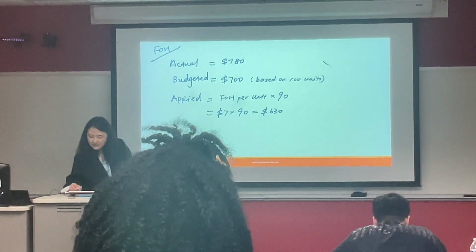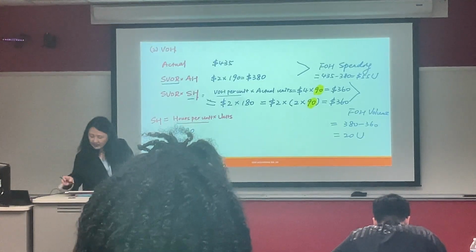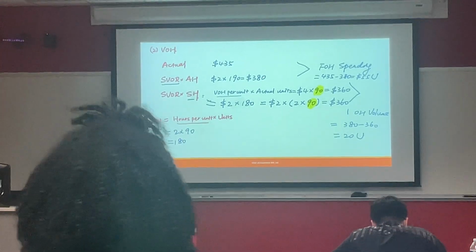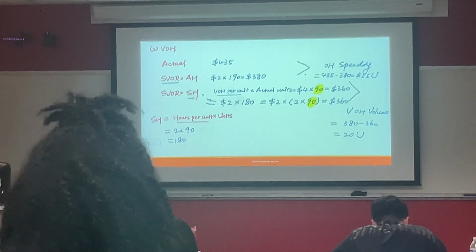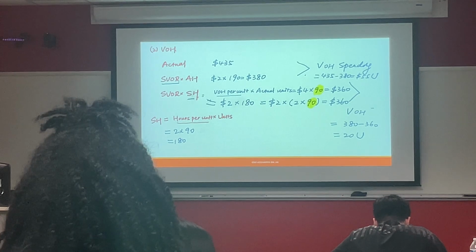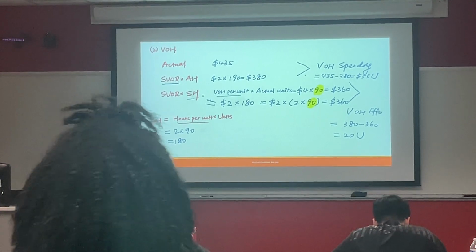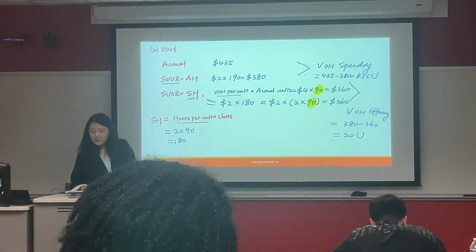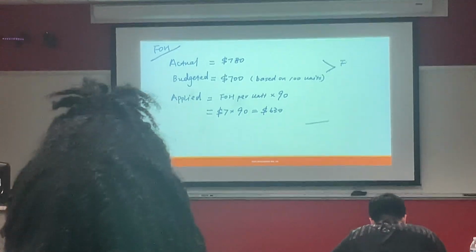Oh, I'm doing this wrong, right? So this is variable overhead. I'm already flying to fixed overhead, which is wrong. So this is efficiency. Now we get everything correct.